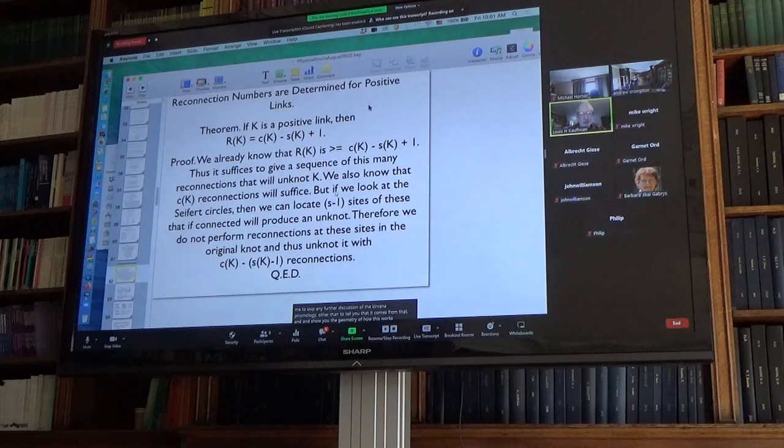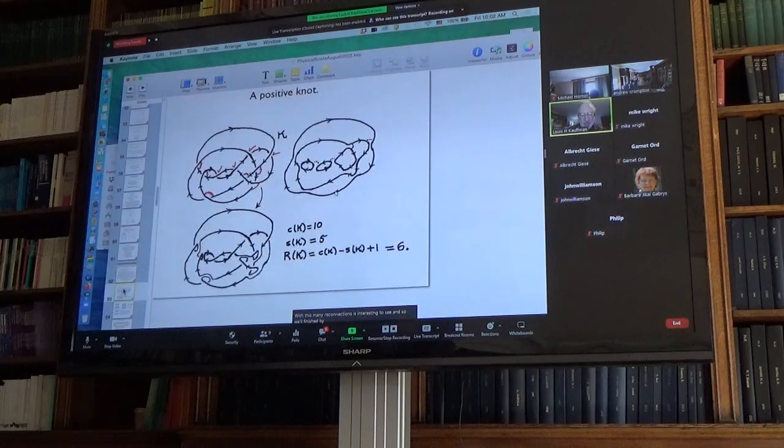So I'm telling you that by using some topology, which takes some study, one can prove that the reconnection number really is equal to the number of crossings minus the number of Seifert circles plus 1. That you can do it with this many reconnections is interesting to see. And so we'll finish by seeing how that works.